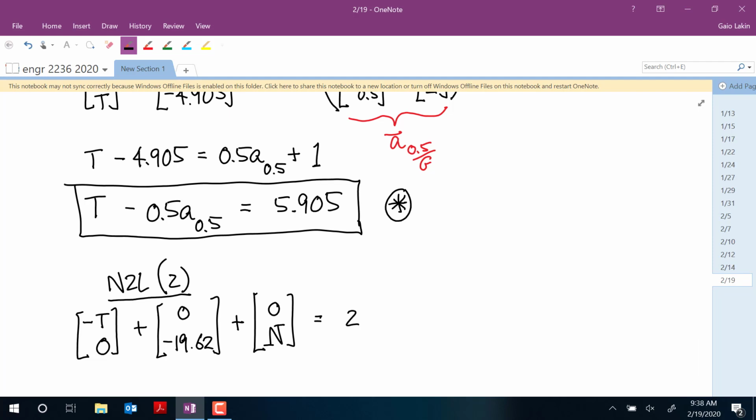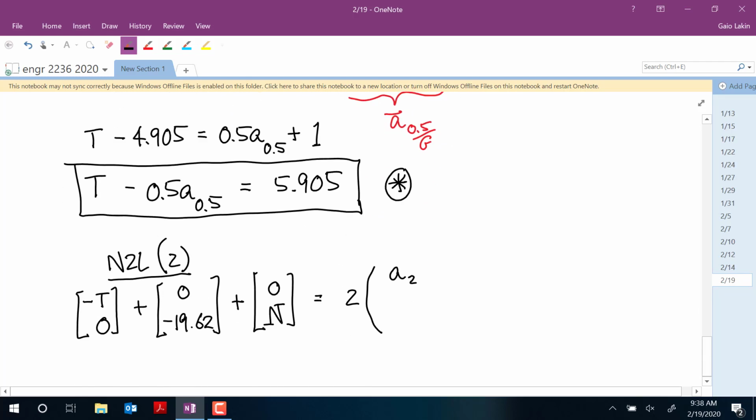And we need the acceleration in the ground coordinate system. So for us, that's, nope, it's horizontal this time. So for us, that's A2, I just called it that, right? Yeah, A2, 0, plus 0, positive 2.